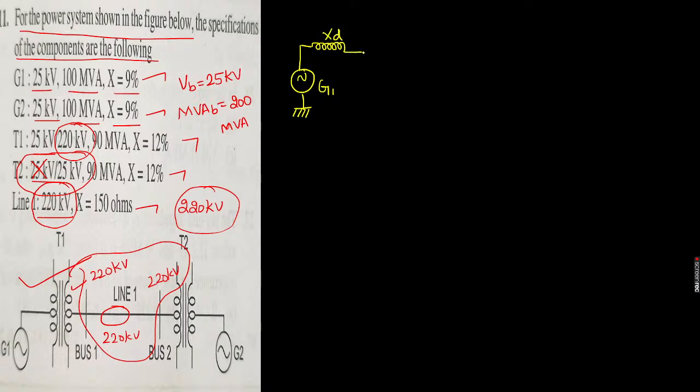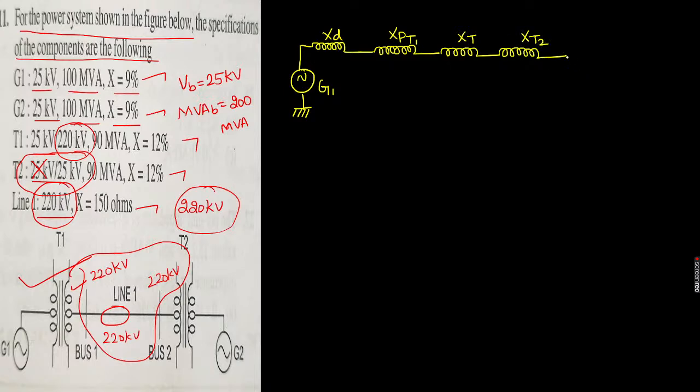And then we have to consider the per unit impedance of the transformer 1, not the transmission line. And then the per unit impedance of the transmission line. First, per unit impedance of the generator, per unit impedance of transformer 1, per unit impedance of the transmission line, and then per unit impedance of transformer 2.